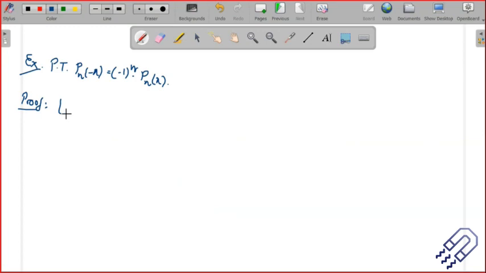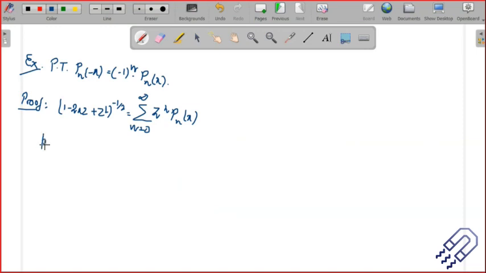we'll start with the same thing here. (1 - 2xz + z²)^(-1/2) is equal to the summation n = 0 to infinity of z^n P_n(x).